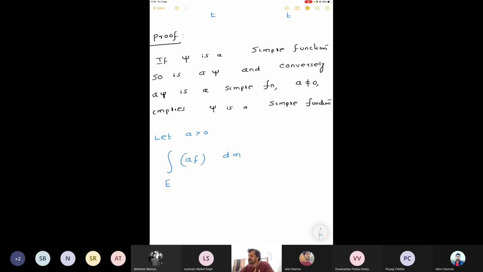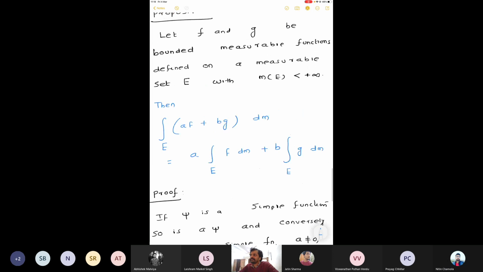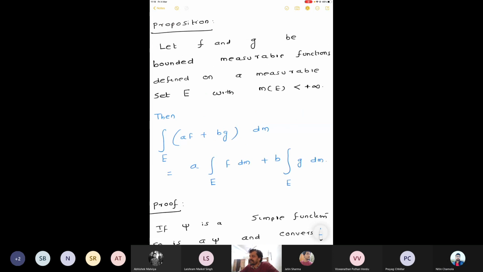Not canonical form. AF is not a simple function. I am a bit unhappy that despite several repetitions, you are not getting how we are progressing. At level 0, we have defined the integral of a simple function. Using that, now in level 1, we have defined integration of a bounded measurable function.